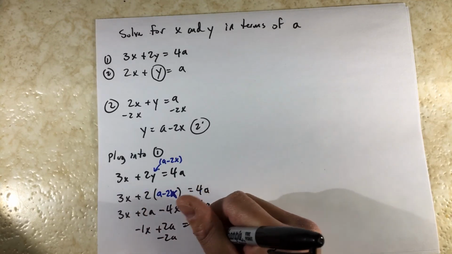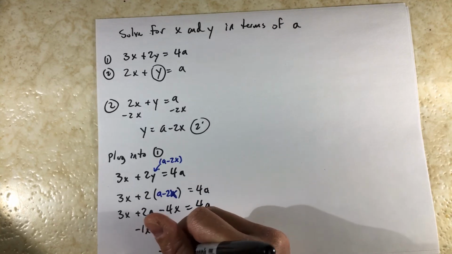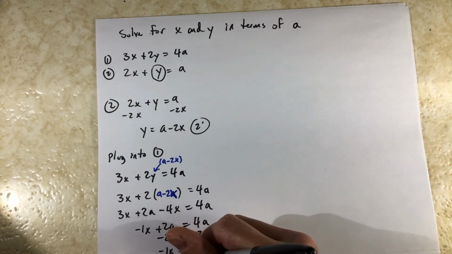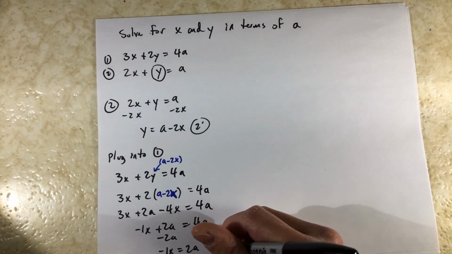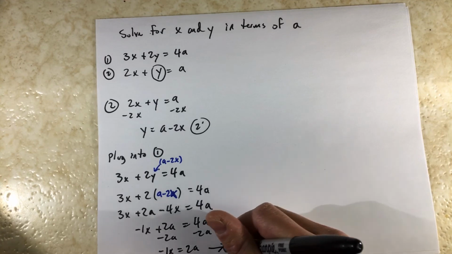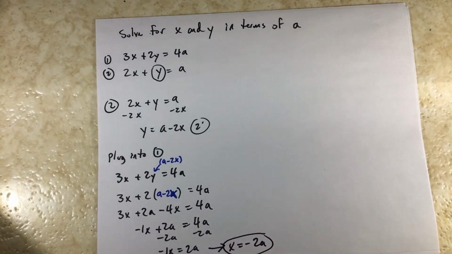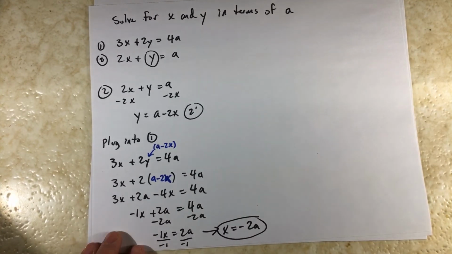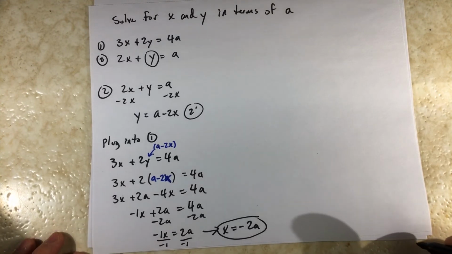Subtract 2a. So negative 1x is equal to 2a. So divide by negative 1. So we get x is equal to negative 2a. If you divide by a negative number, that's the same as multiplying by a negative number. So x equals, ooh, I'm sorry. I think I went off camera there. I should make a mark here.